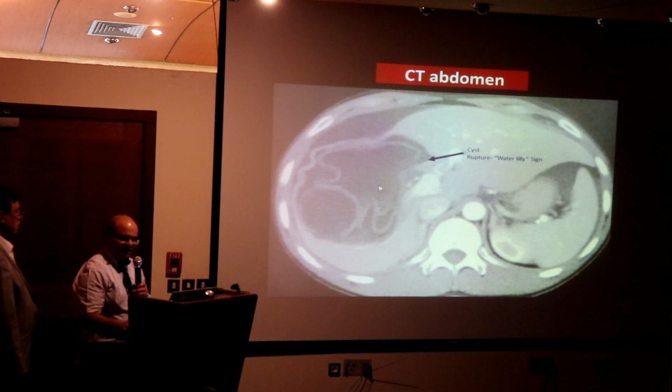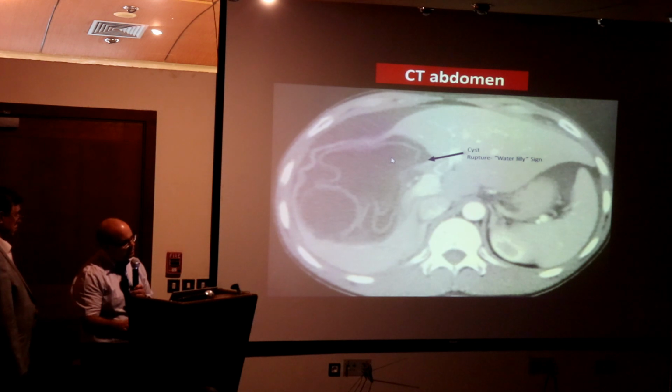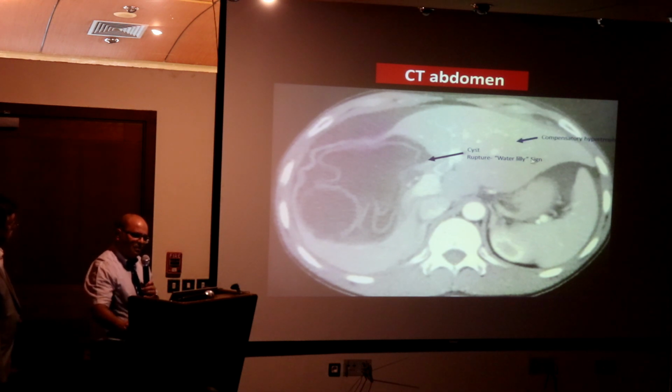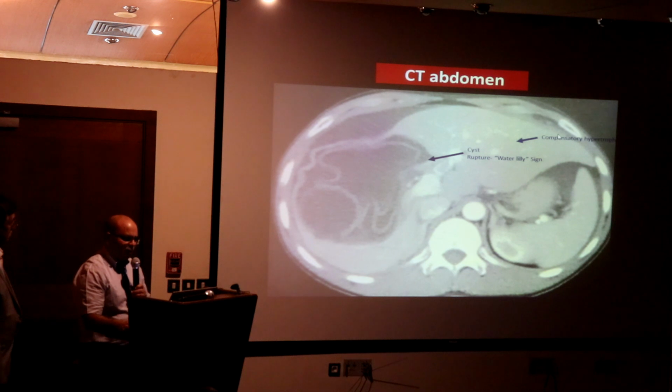And this is called water lily sign. And you can tell how chronic this has been. It's so big that it caused probably some atrophy. There's not much liver left on the right lobe, and consequent compensatory hypertrophy of the left lobe all the way up to the spleen.